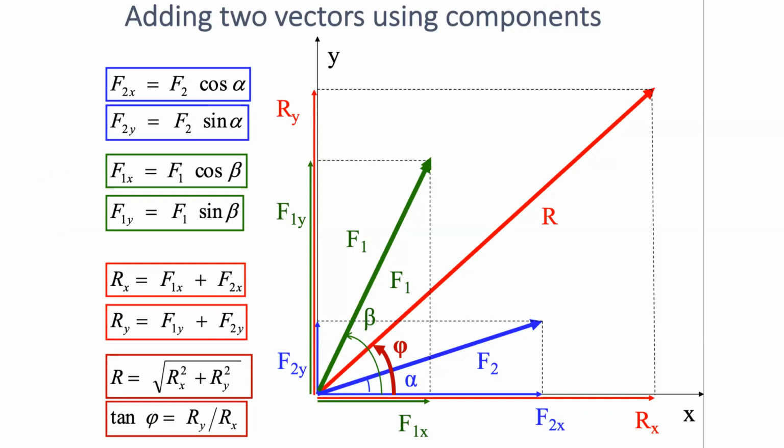But you're squaring the values, so they would be positive regardless. And then to find the angle, you would use tan, because tan is opposite over adjacent. So the y value corresponds to the opposite value, and x would be adjacent to theta.